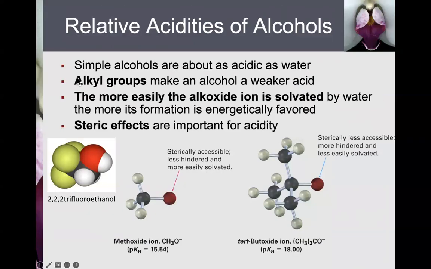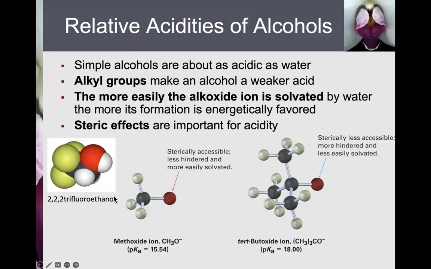So in summary, simple alcohols are about as acidic as water, then alkyl groups make an alcohol weaker acid. So the more easily the alkoxide ion is solvated by water, the more its formation is energetically favored. So steric effects are important for acidity. So for example, yung methoxide ion mo, this is from your methyl alcohol.